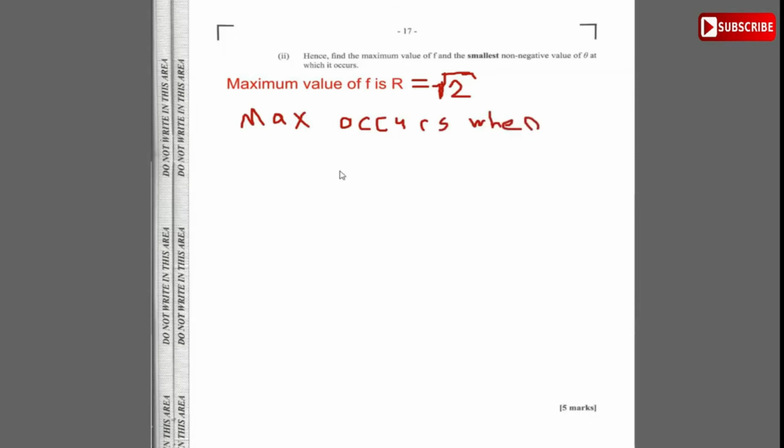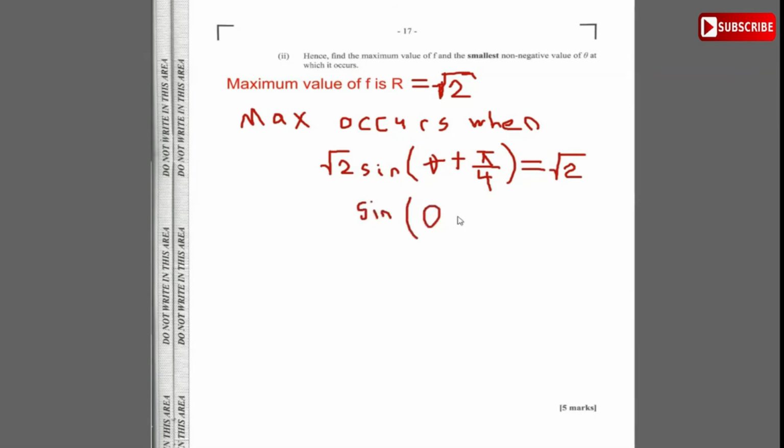So the max occurs when root 2 times the sine of theta plus pi by 4 is equal to root 2. The root 2 cancels on each side. And so what we get is the sine of theta plus pi by 4 is equal to 1.